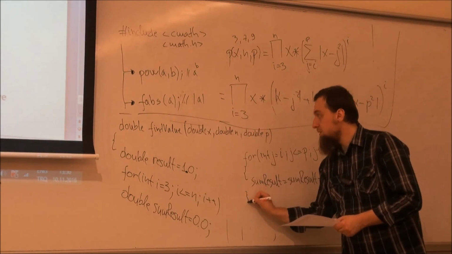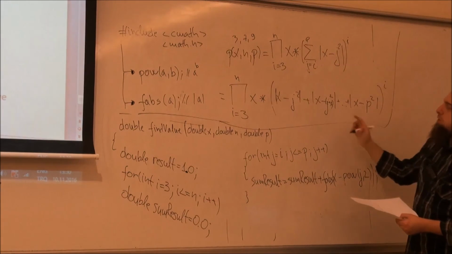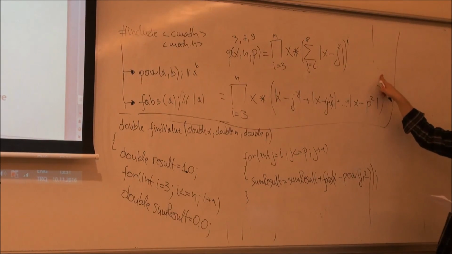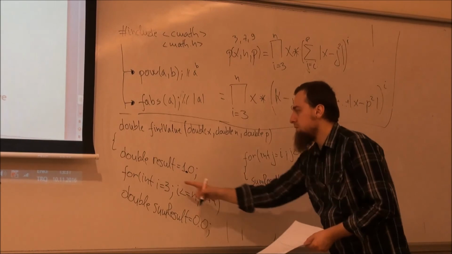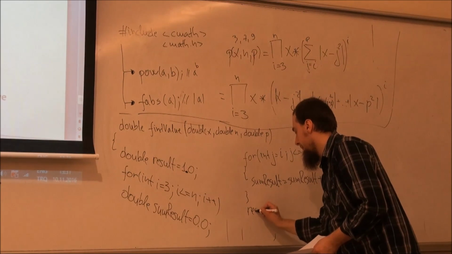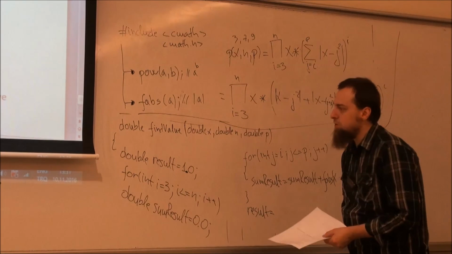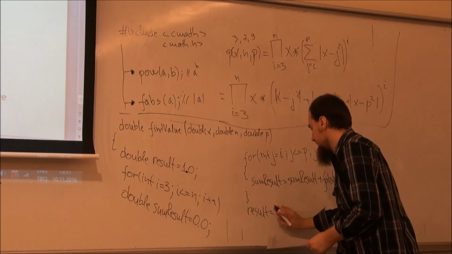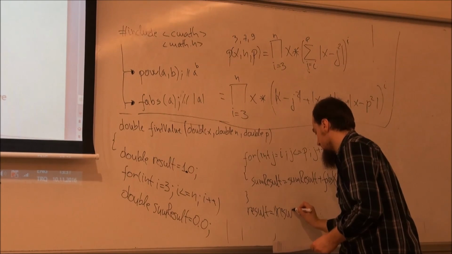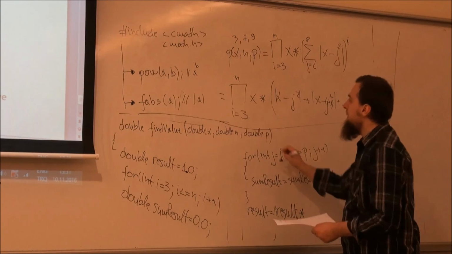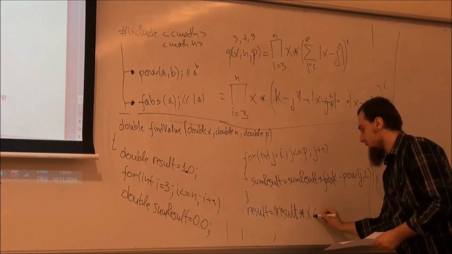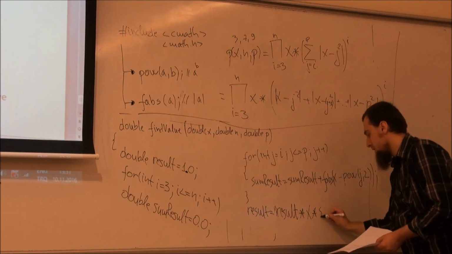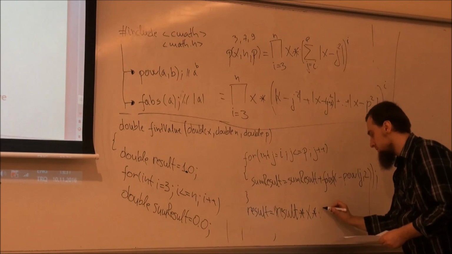When I find the sum result, I found this stuff here. Then I want to multiply it with x, but before multiplying it, I should raise it to the power of i. So the result is equal to the previous result multiplied by x multiplied by this sum result, but power of that stuff.